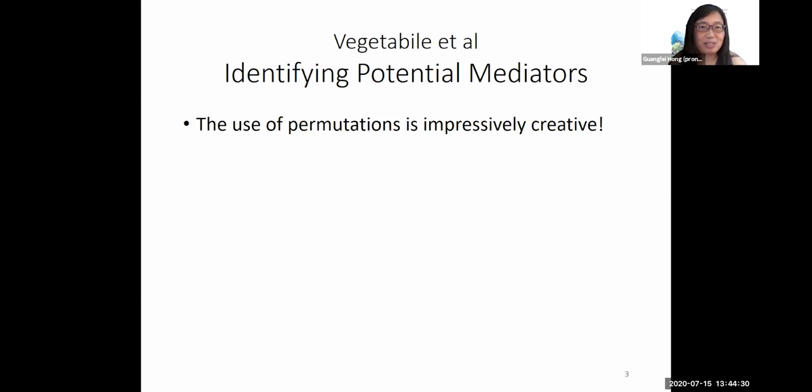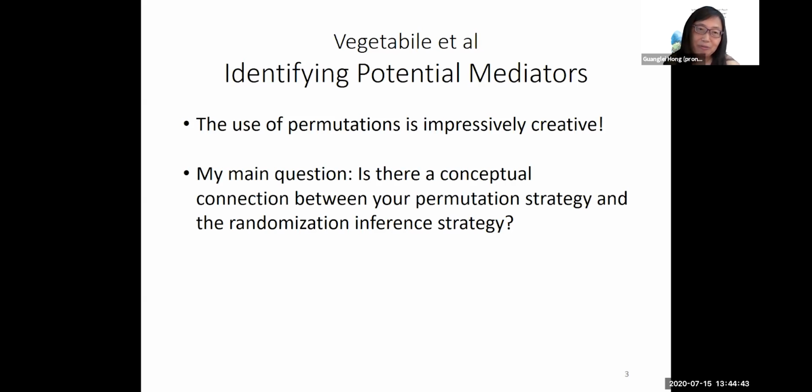So I started with Brian's presentation, focusing on identifying potential mediators. I found their permutation approach impressively creative. My main question for you is conceptual. I wonder if there's a connection between your permutation strategy and the randomization inference strategy.